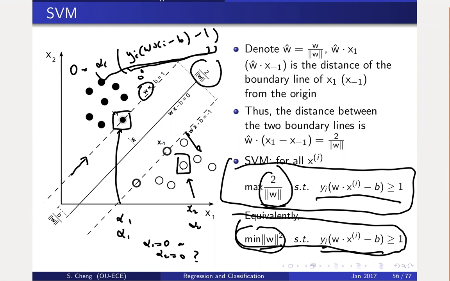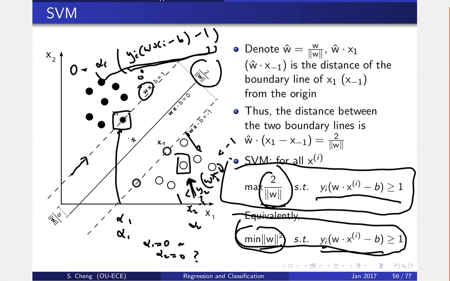On the other hand, for here, w x minus b will not be equal to minus 1. Actually, it will be less than minus 1, definitely less than minus 1. Sorry, this is point 2 here, right? Multiply by y2. y2 is equal to minus 1 here, so this guy will be bigger than 1.